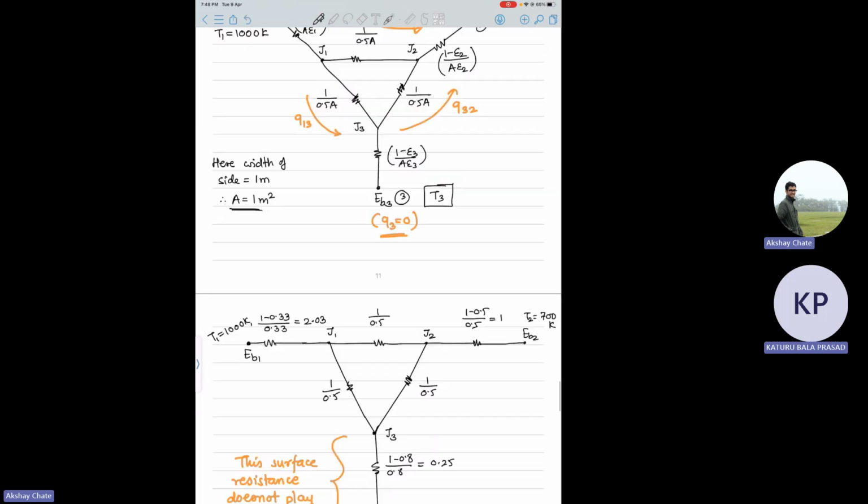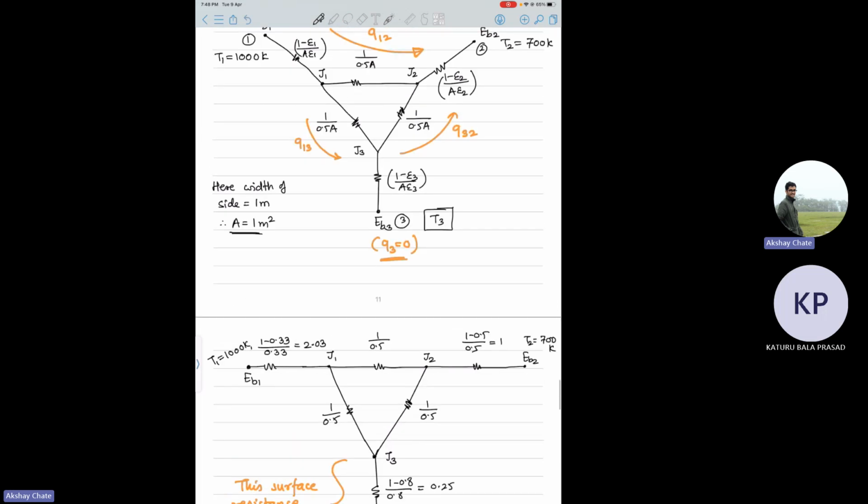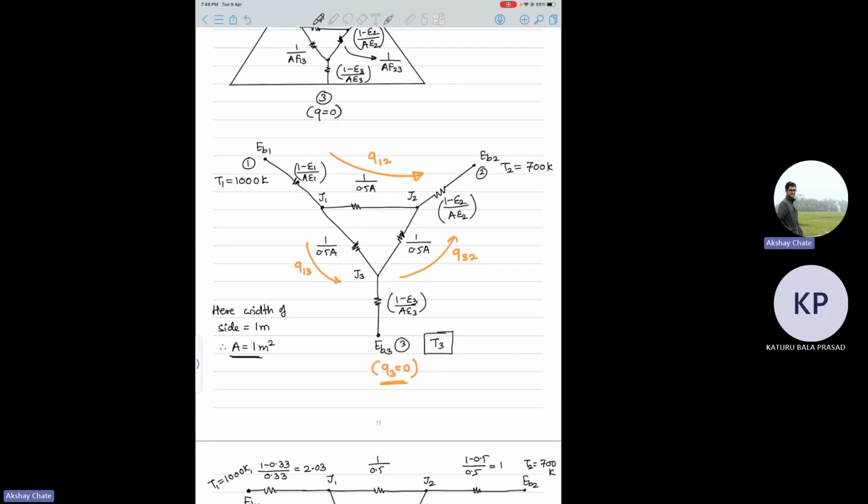Yeah, so basically what you have to do here, see, one way is to solve the whole thing like we solved for Q12, right? So you can solve with a similar procedure for 1-3, a similar procedure for 3-2, and then finally equate them. But that is a complex process. So the simple process is, see, whatever heat is flowing through 3 to 2, the same heat will flow from this branch also, and this branch also, right?